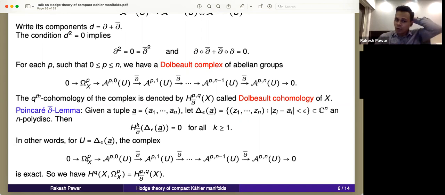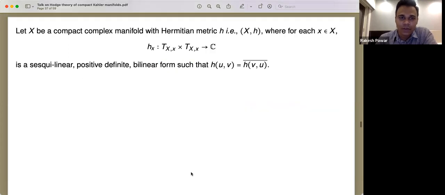So I can calculate the cohomology of Omega^p in terms of the cohomology of just evaluating this complex and taking the global sections. Which is exactly this right hand side, calculating the cohomology of the global sections applied to this complex, and the left hand side is the cohomology of the sheaf Omega^p. So what we have done is that we identified the qth cohomology of the Omega^p holomorphic differentials in terms of the Dolbeault cohomology.